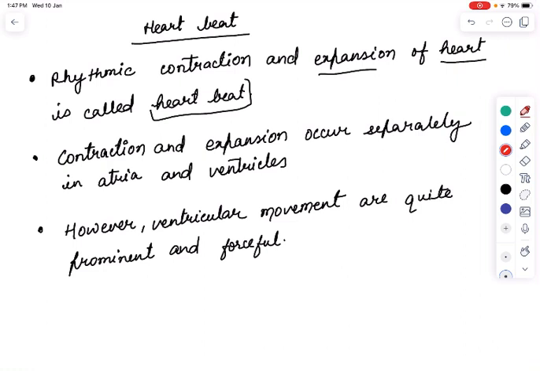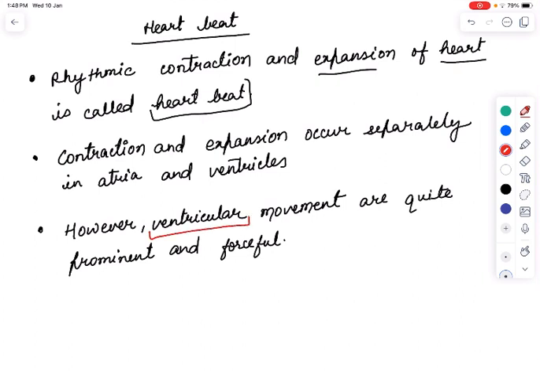It will take place vice versa. In the left or right, it will take place in both. ऊपर जब ऑरिकल्स हैं, दोनों ऑरिकल्स एक साथ कॉन्ट्रैक्ट होते हैं और दोनों वेंट्रिकल्स एक साथ कॉन्ट्रैक्ट होते हैं. दोनों ऑरिकल रिलैक्स होंगे एक साथ, दोनों वेंट्रिकल एक साथ रिलैक्स होंगे.